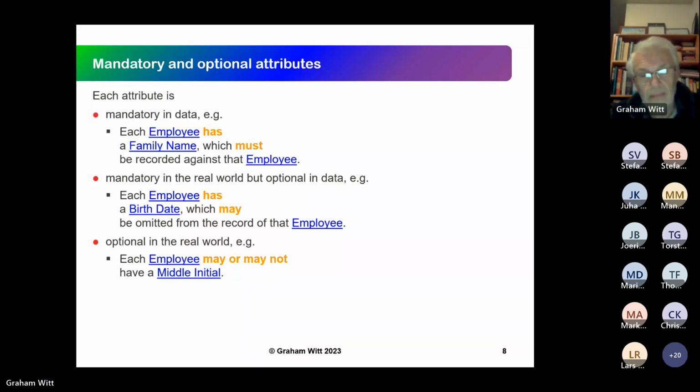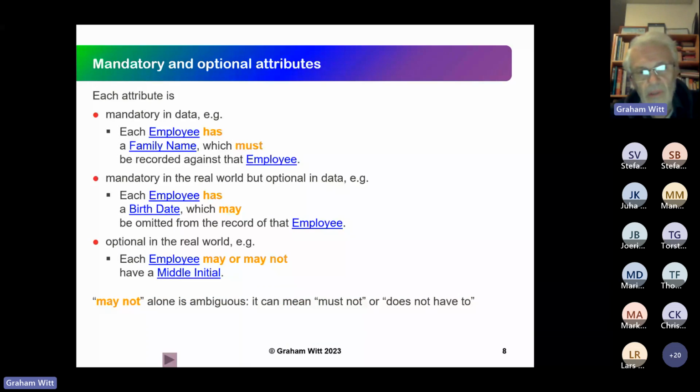Well, of course, everybody has a father, but what we were really saying was that there's not a mandatory requirement to record the father. And so the fact that the data may be a subset of what's happening in the real world is why we now have this three-way logic rather than two-way logic. So that's the current state of mandatory and optional rule statements.